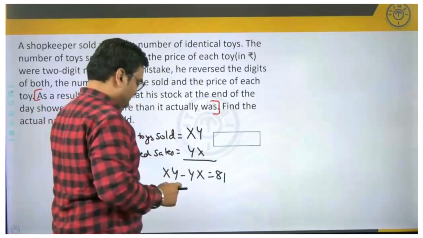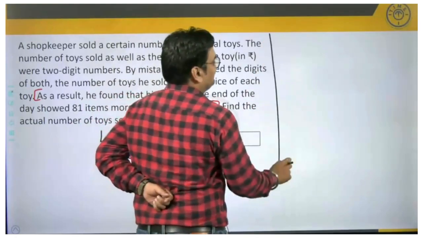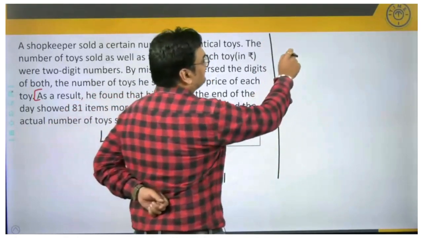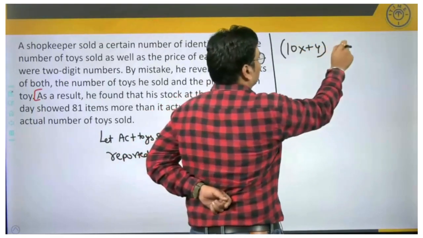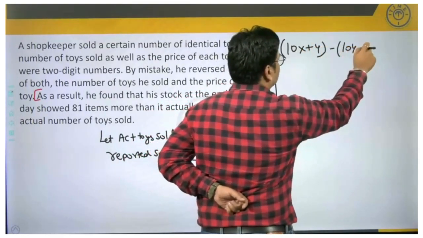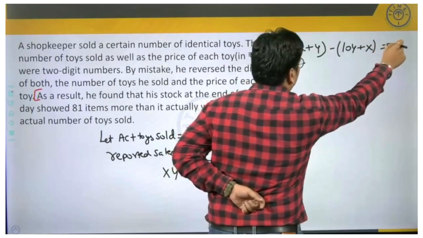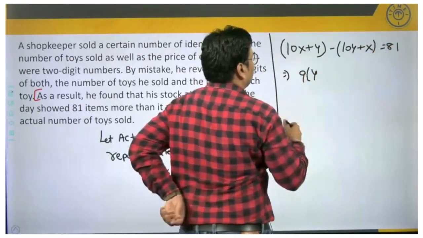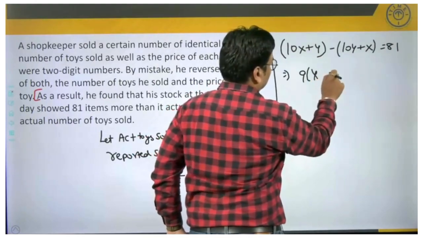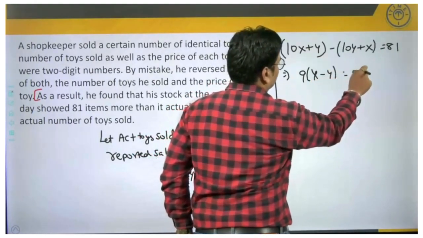Let me continue there. XY minus YX can be written as what? This is a 2-digit number. X is in tens place, Y is in units place. Y is in tens place, X is in units place. So when you solve this, you will get 9 into X minus Y will be 81.